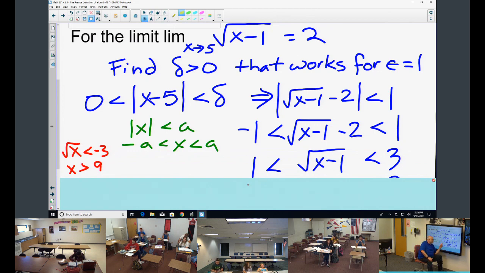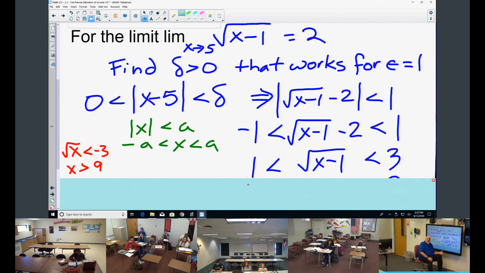Now, why is it that you don't have to reverse the inequality? Because sometimes when you multiply, you have to reverse the inequality. Why don't you have to do that here? Nothing is negative. Yeah, because this is between 1 and 3, so it has to be positive.